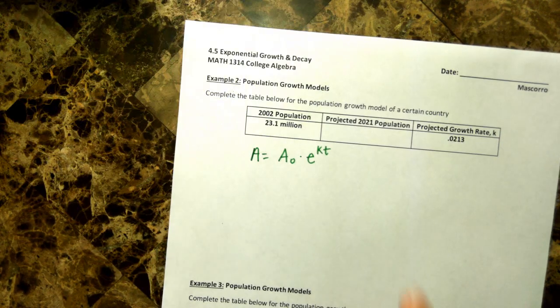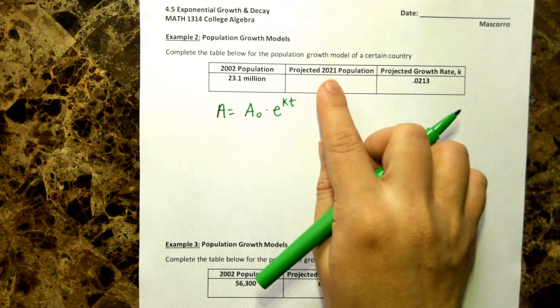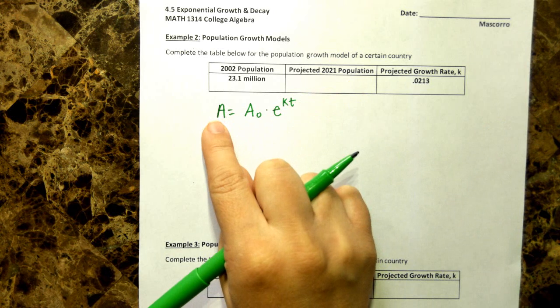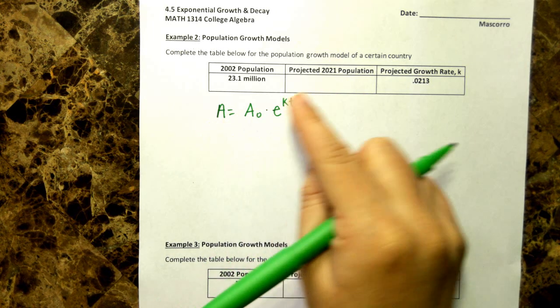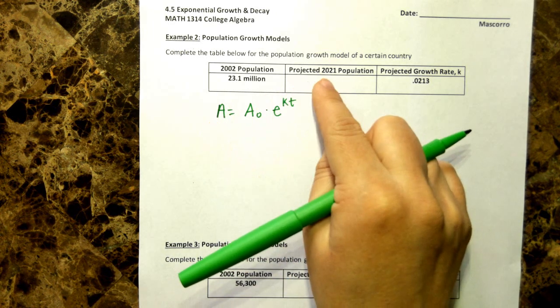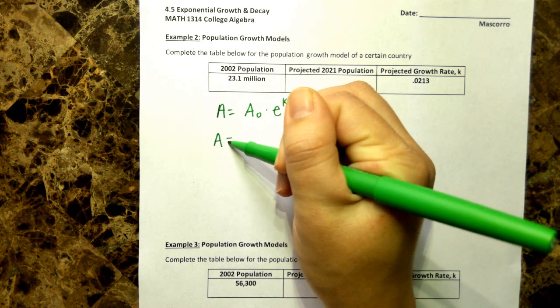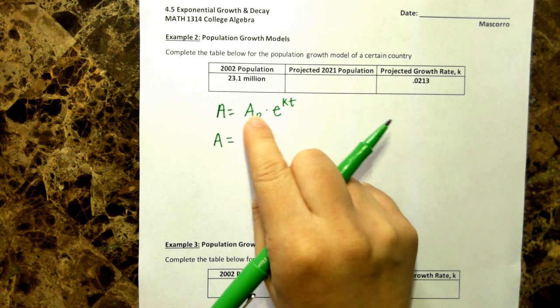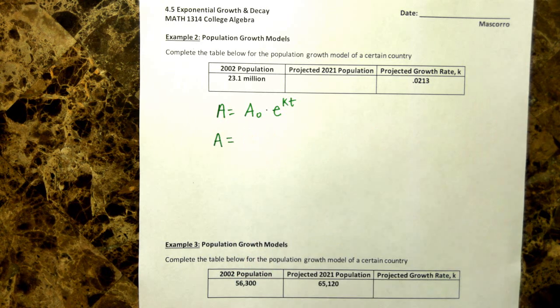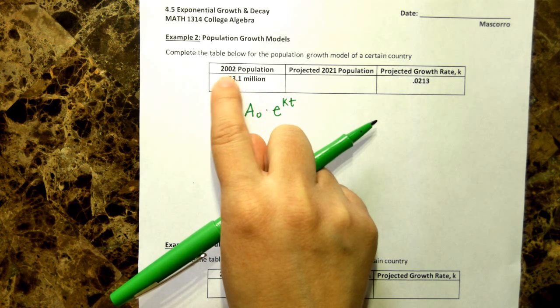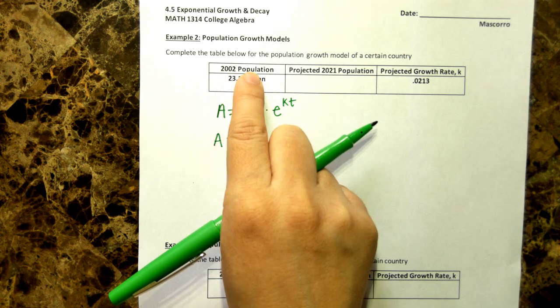All right, I'm trying to figure out what's going to be the population in the year 2021. What's the ending population? Well, remember, capital A is the ending population or ending amount. We don't know what the ending population will be in 2021, so I'm going to leave it as a capital A because we don't know what that is. A naught is the starting population. We do know what the starting population is. That's the population in the year they give you to start off with, which is 2002.